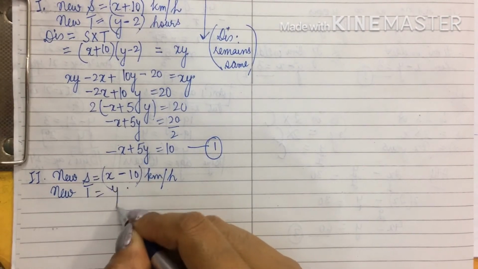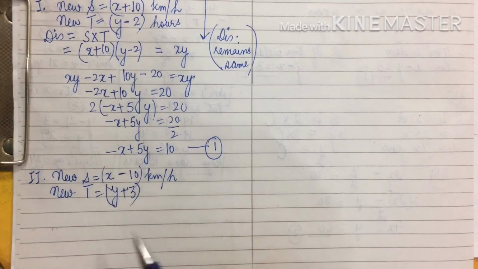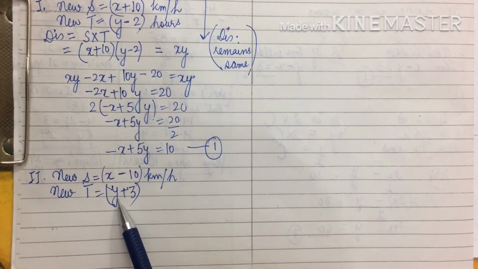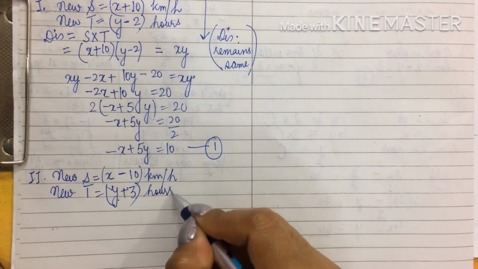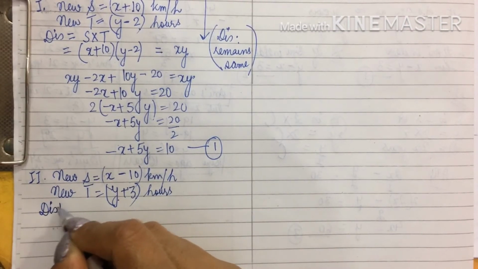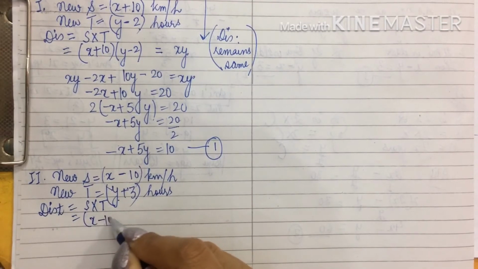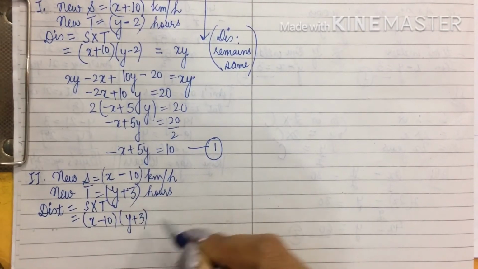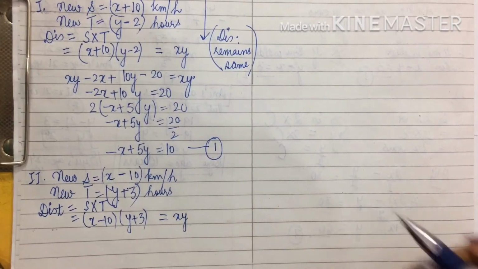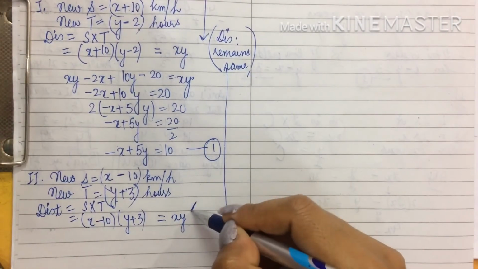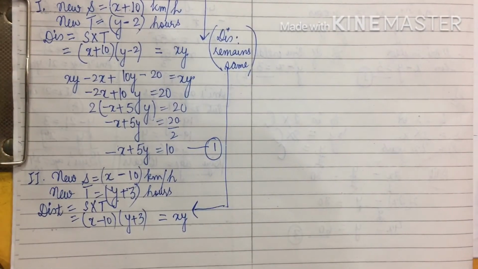The time is 3 hours more than the original time. Originally y hours were taken, so increased time is y plus 3 hours, and according to this the distance is equal to the product of speed and time, which is x minus 10 into y plus 3, and this should be equal to x into y. The distance still remains the same.